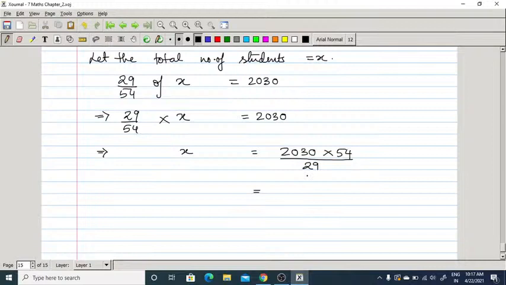Now I think 2030 will be a multiple of 29, because the number of students will always be a whole number, isn't it?